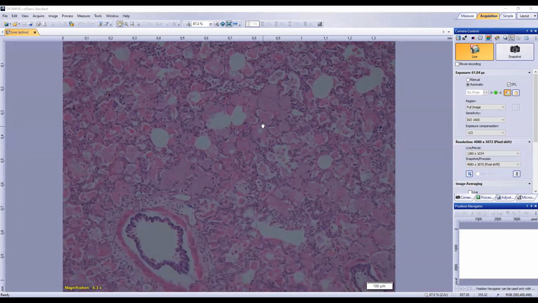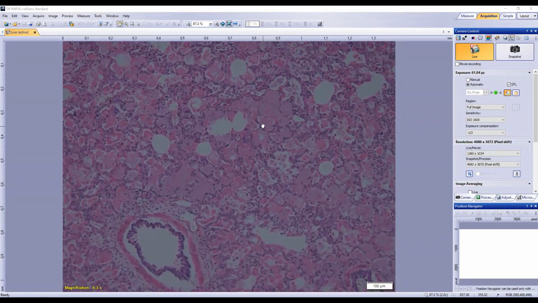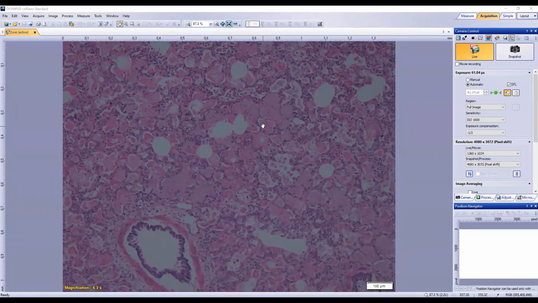Do we use the term fibrin-rich edema? I wouldn't, because if we're talking about fibrin, a precursor is fibrinogen, which is cleaved and polymerizes to form fibrin.